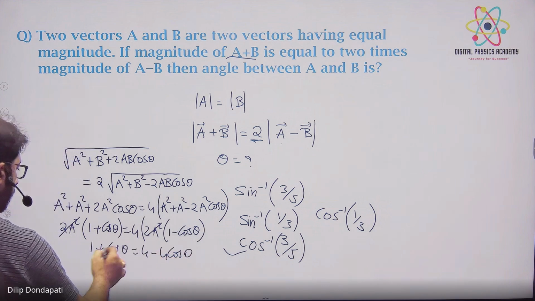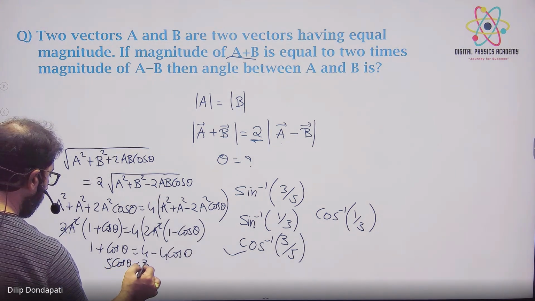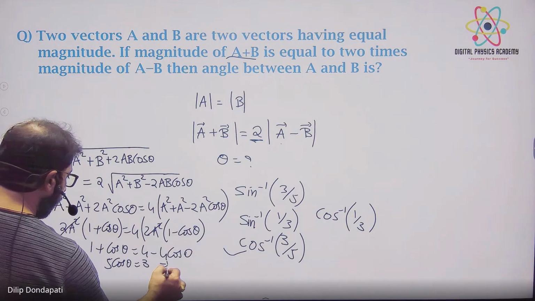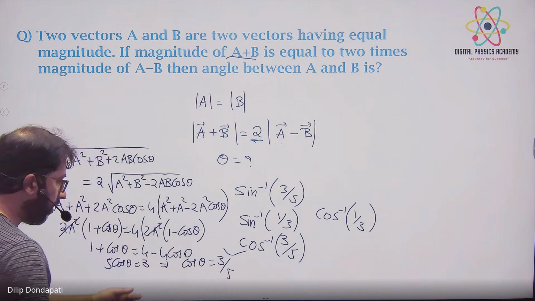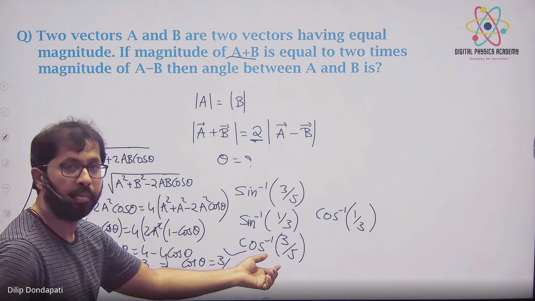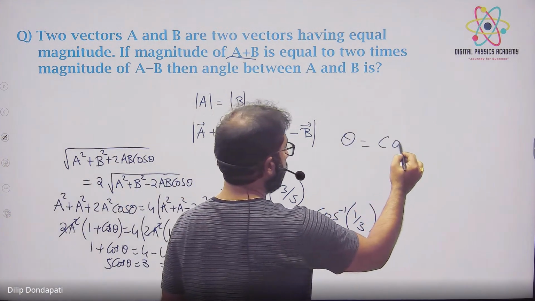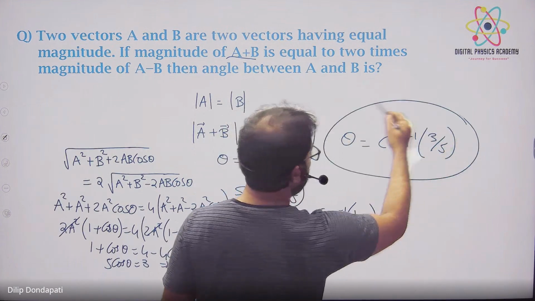When you bring this side, 5 cos theta is equal to 3, right? Cos theta equal to 3 by 5. Whenever cos is sent to that side, it becomes cos inverse. So therefore theta is equal to cos inverse 3 by 5.